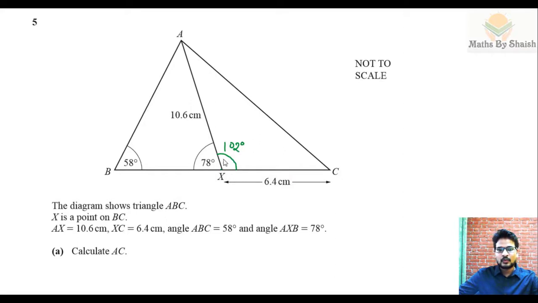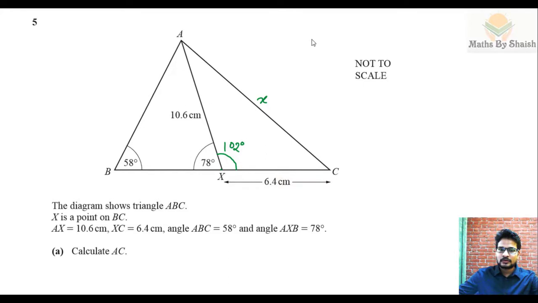So once we have one angle, and they are asking for this side AC, we can take it as small x, let's say. So we have all three sides involved in the triangle AXC. If all the sides and one angle are involved, we are going to use the cosine rule.